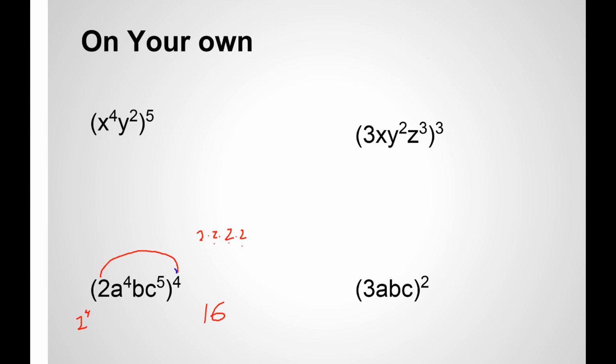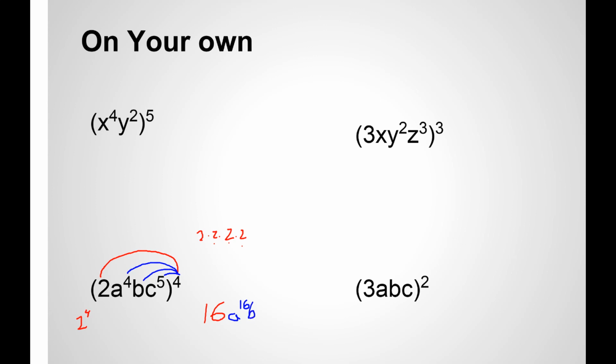And now everything else is basically, like I said, distributing into each value and multiplying. So rather than write this out 4 times, let's just go through it. We have a to the 4th, to the 4th. So 4 times 4 is 16, so a to the 16th power. Then we have b.